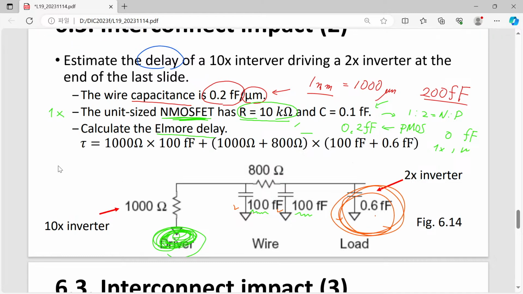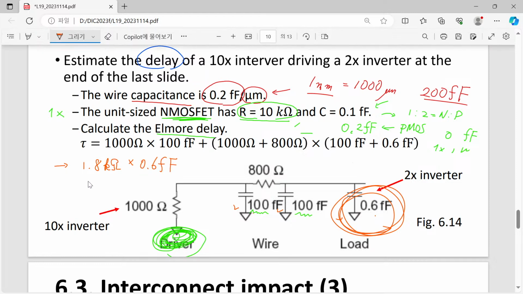The contribution of this load capacitance, the requirement for filling our load cap, is simply given by 1.8 kilo ohm times 0.6 femtofarad.